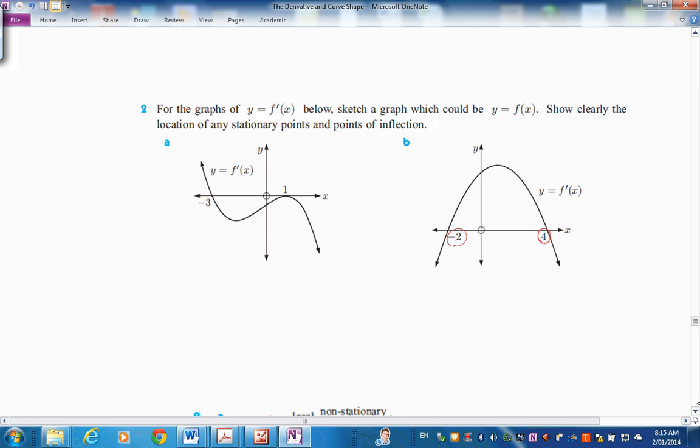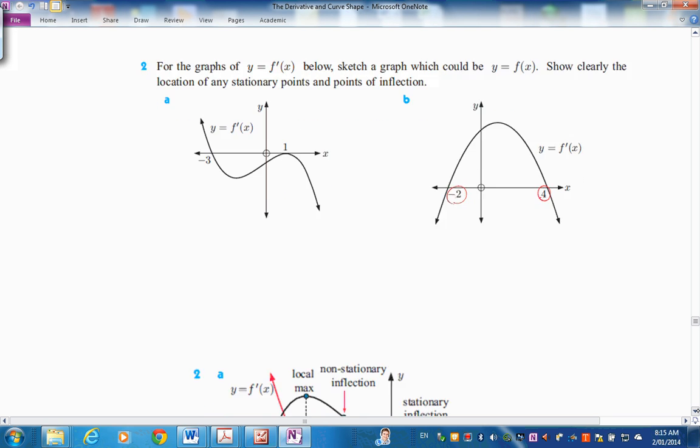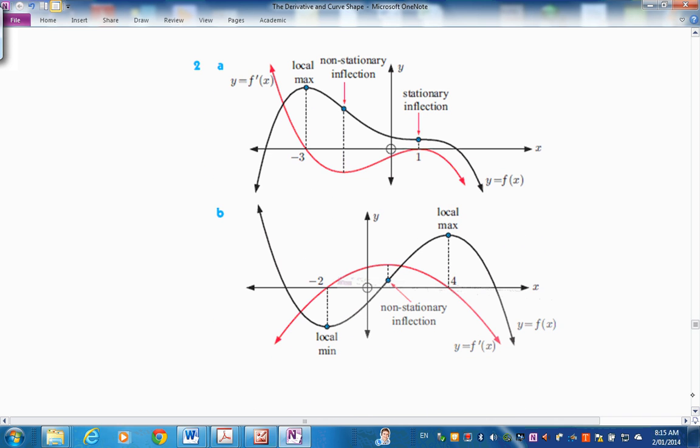Alright, try those two. I'll give you the answers now. There are 2, part A and B. See what you think. The relative positions to the axes in the y direction are not important here. You don't know the scale there, but lining the points up in the x values are important.